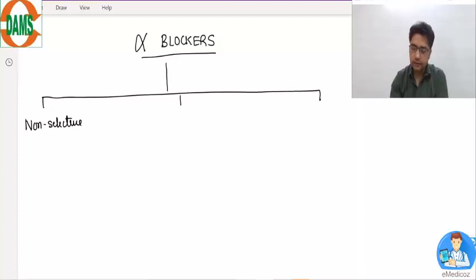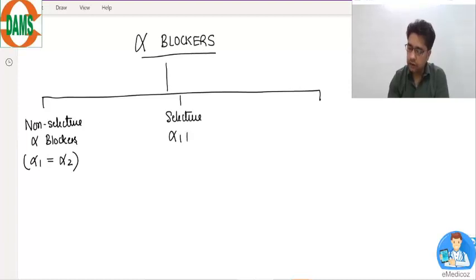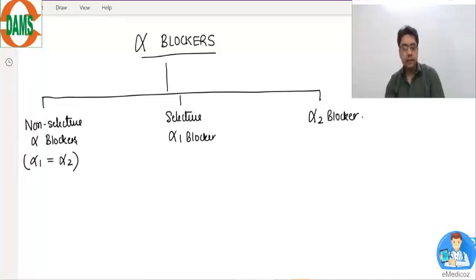It means they block both alpha 1 as well as alpha 2. Second, selective alpha 1 blocker, and similarly alpha 2 blockers. Simple.